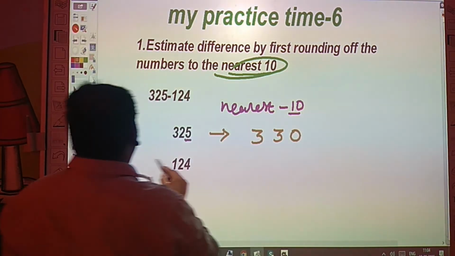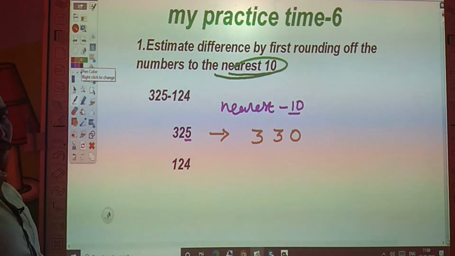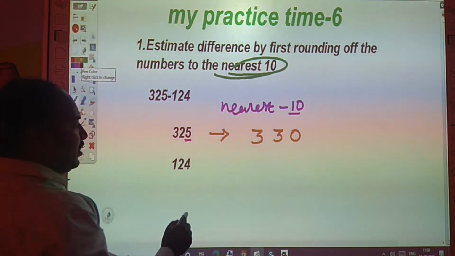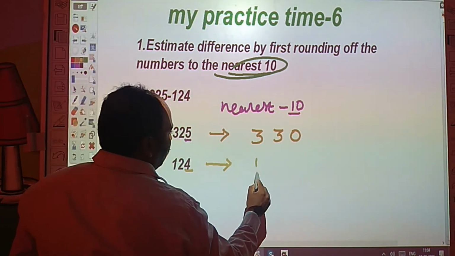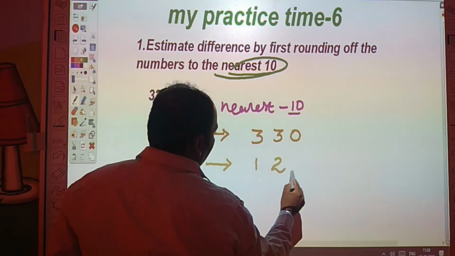For 124, the ones place is 4, so the rounded value is 120.